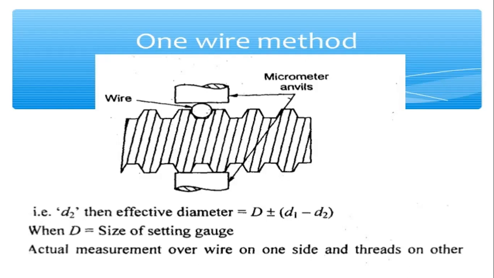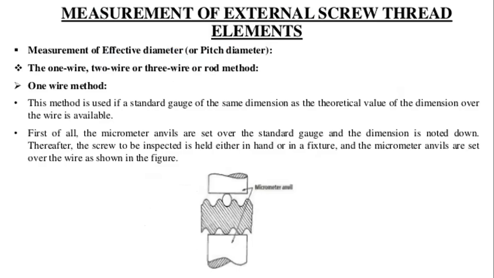Then we have to take the other angle as the D1, that is a negligible one. So when we have to take the measurement of external thread elements, that is the one wire method. So our method is the one wire method.